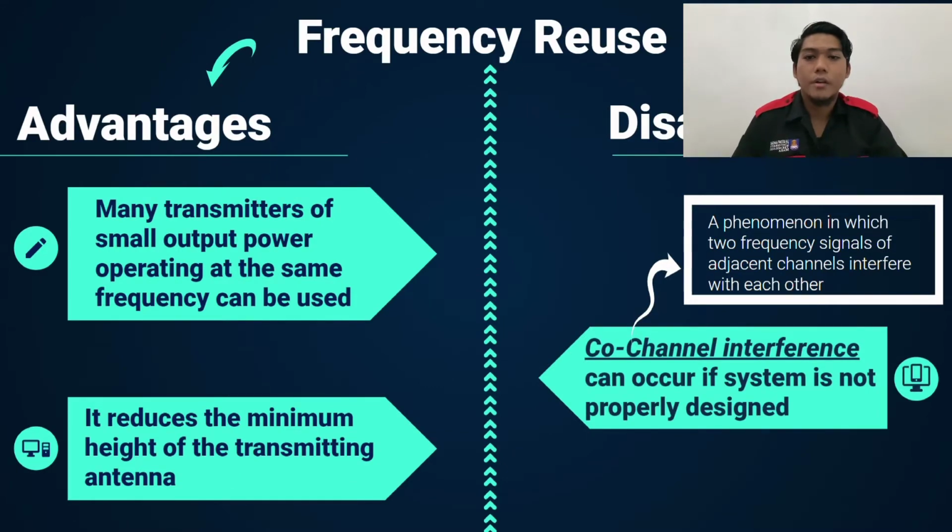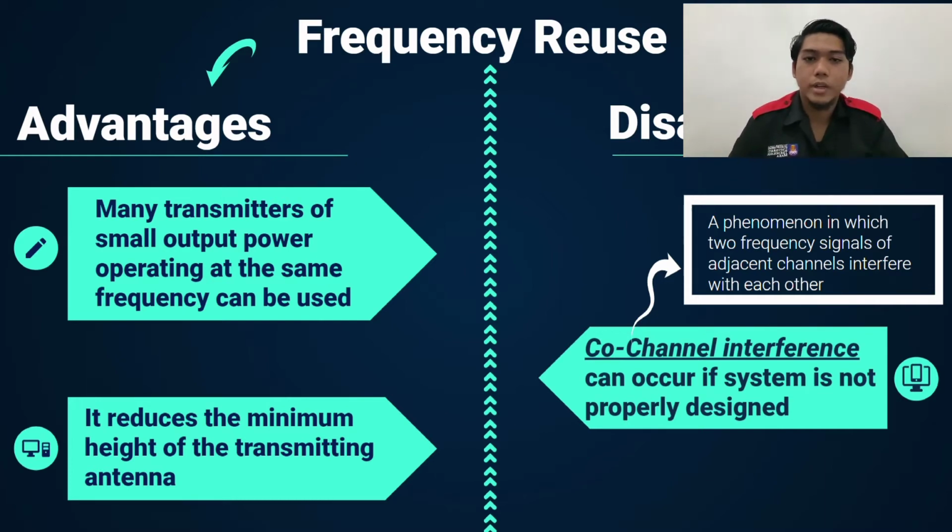Frequency reuse has advantages and disadvantages. The advantages: first, many transmitters of small output power operating at the same frequency can be used. Second, it reduces the minimum height of the transmitting antenna.